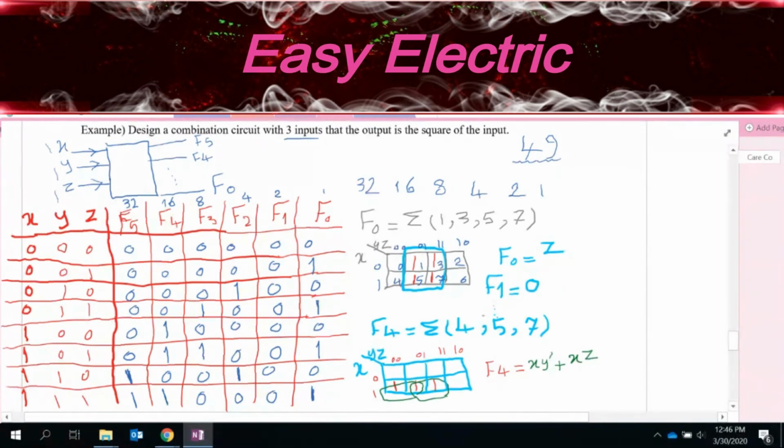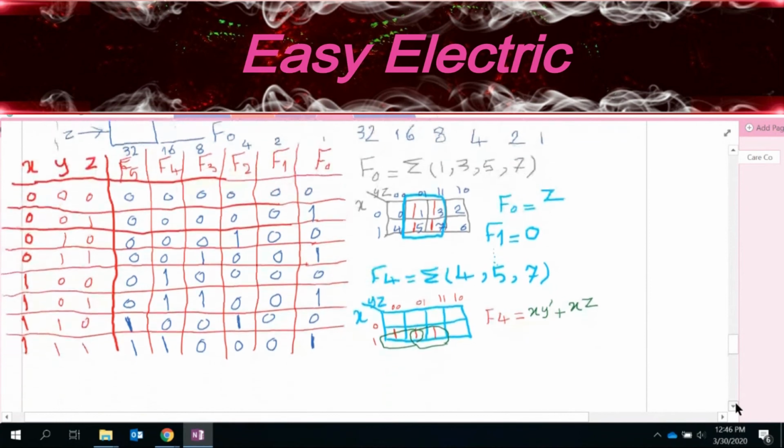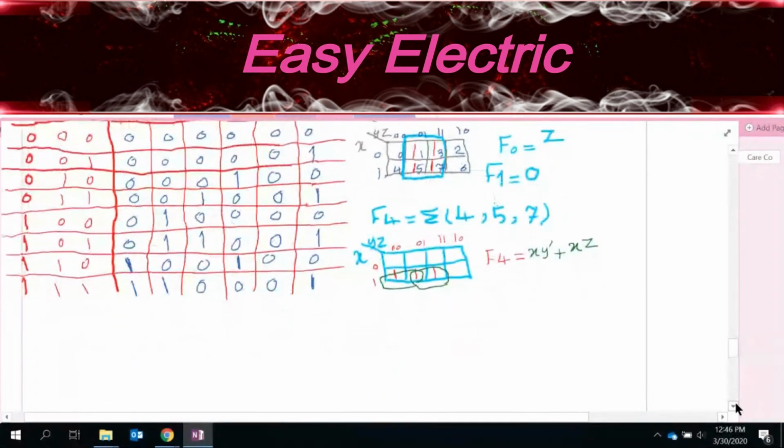So you do the same thing I did for f0, f1, and f4. As a practice, you do f2, 3, and 5, okay? So whenever all of them are done, you just implement this function with whatever you end up with as the simplest form, right?